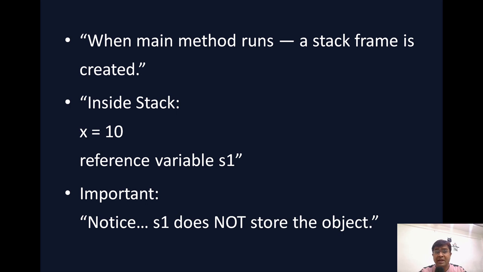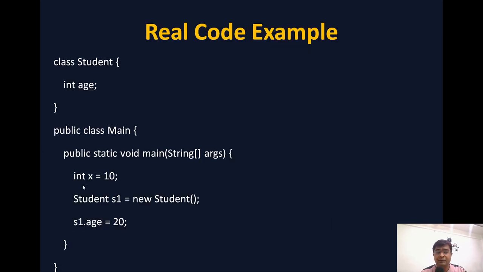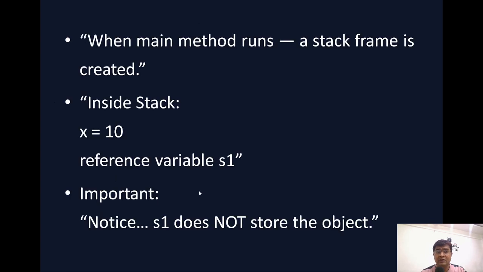When the main method runs, first and foremost a stack frame is created. Inside the stack frame, first the variable x equal to 10 is created, and a reference variable s1 is created. These two things are created inside the stack.